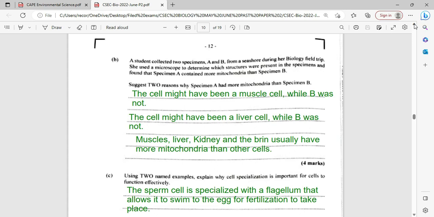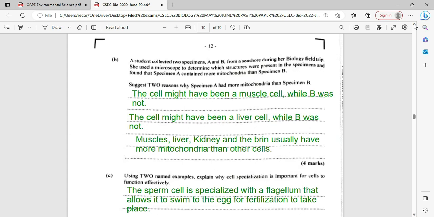Well, simply put, the cell that was studied might have been a muscle cell, and if it was a muscle cell, then naturally it's going to have more mitochondria than B. Now, the cell could have also been a liver cell, and if it's a liver cell and B wasn't either of those, then B would not have had that much mitochondria.